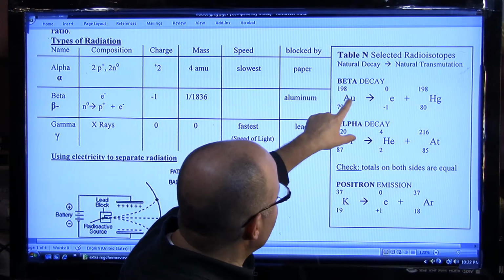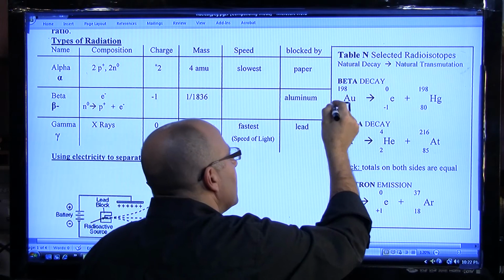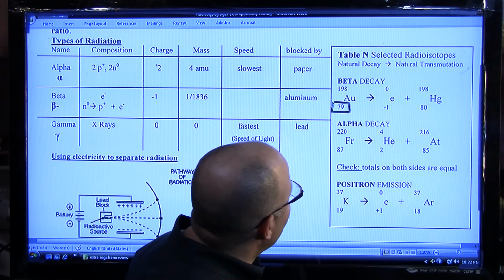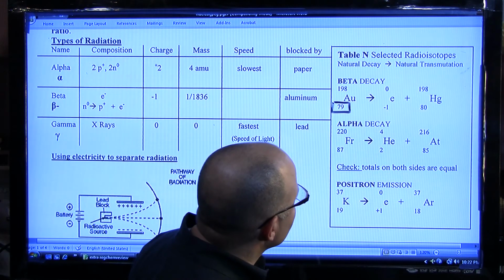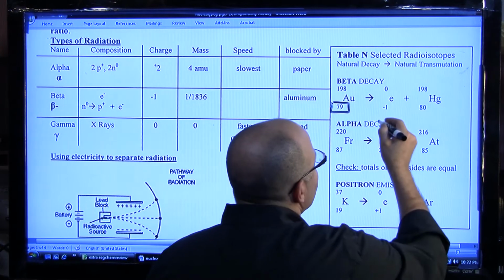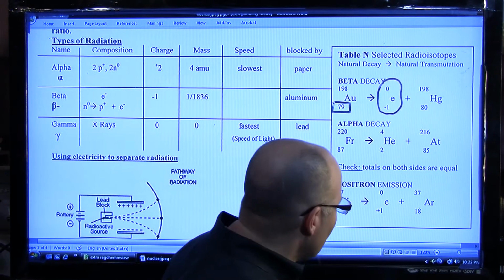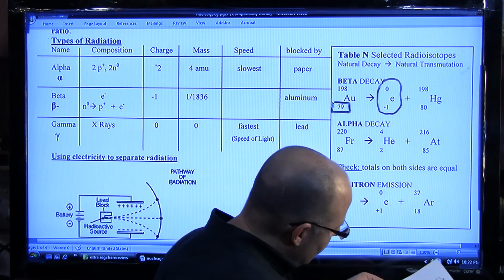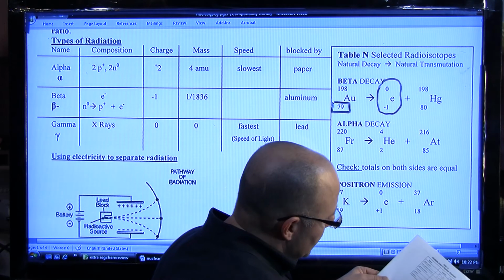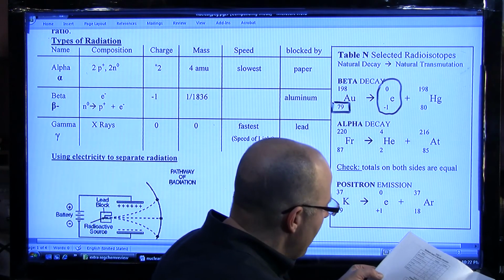So gold 198, you should look up its atomic number to confirm that, which is 79, emits, that would be the arrow, a beta particle. Now I get this notation from Table O. If you turn to Table O, on page 6 of your reference tables, you'll see a table entitled Symbols Used in Nuclear Chemistry.